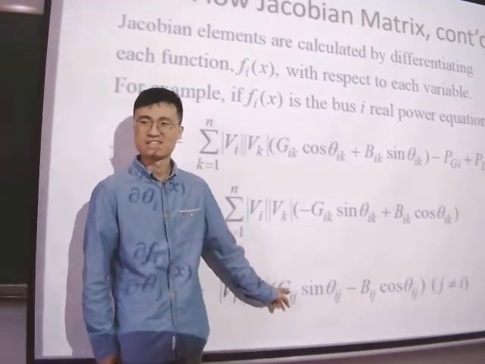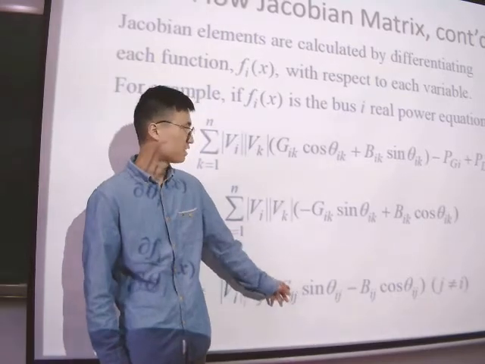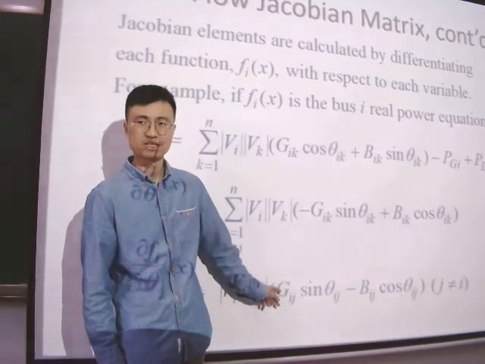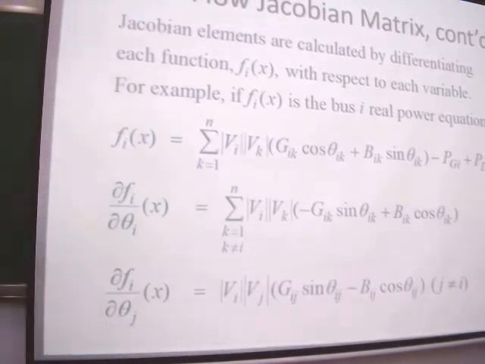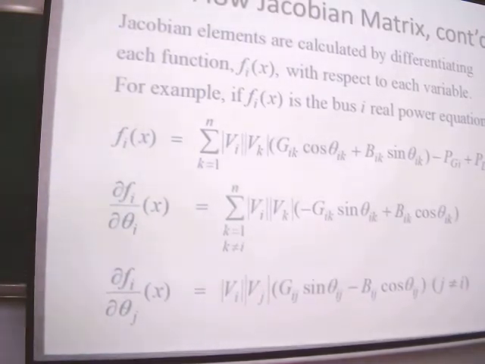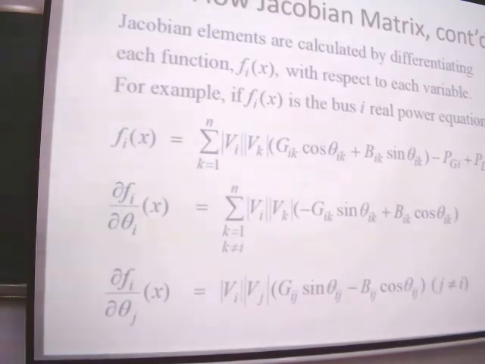So in that case, do you think this one should be negative or positive? It is positive, sir. Why? Because we do this differentiation, i over i, so we get di dk and minus zik, sin theta ik, dik, cos theta ik.